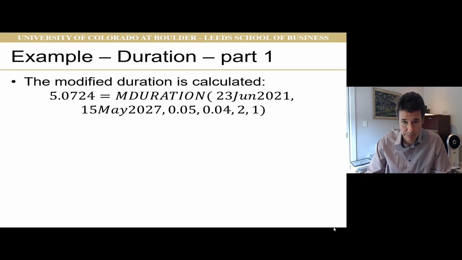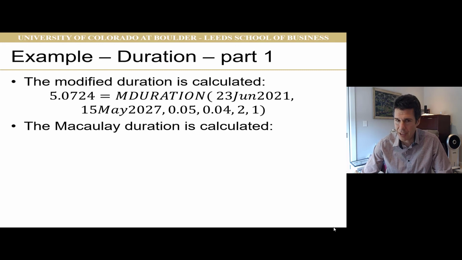So we use Excel, modified duration, we use the MDURATION function: settlement date, maturity, coupon, yield, frequency 2 for semi-annual bonds, basis 1 for U.S. Treasuries, we get a modified duration of 5.0724.